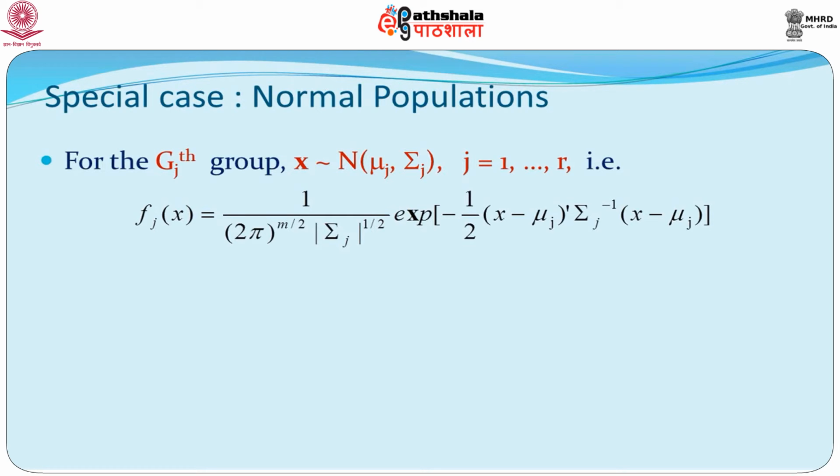So, this is 1 by (2 pi) to the power of m by 2, sigma j to the power of half, and you have exp, that is the exponent, to the power of minus half (x minus mu j)' sigma j inverse (x minus mu j).